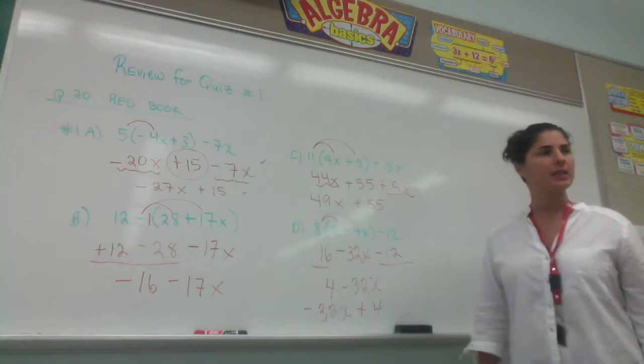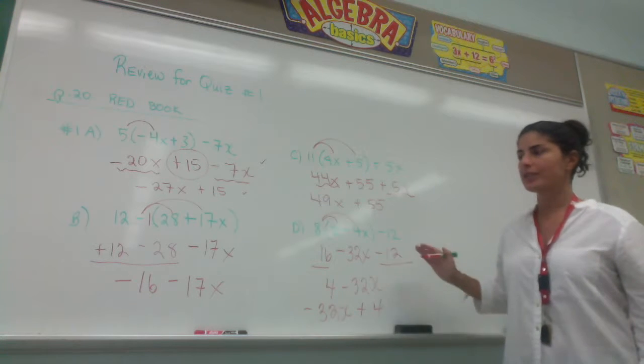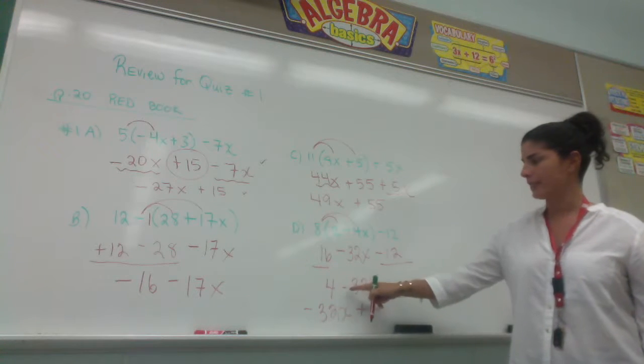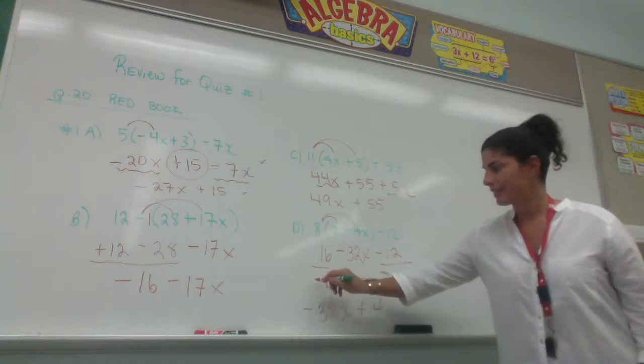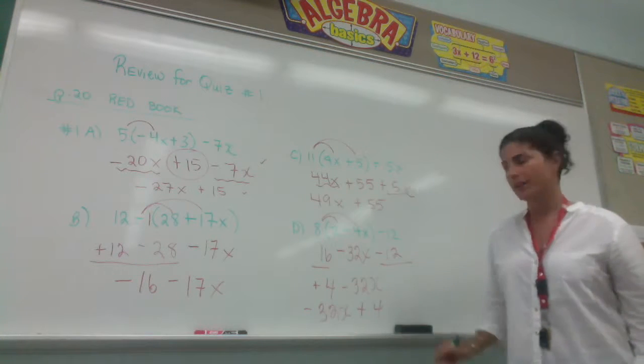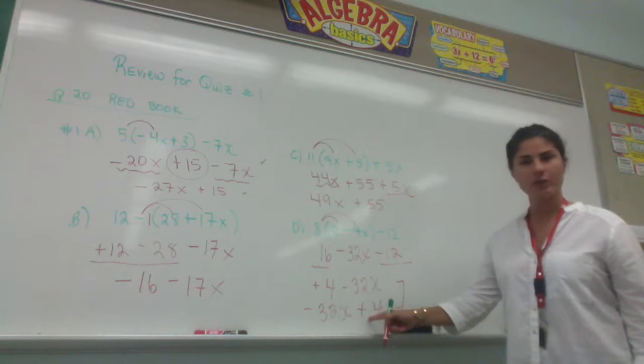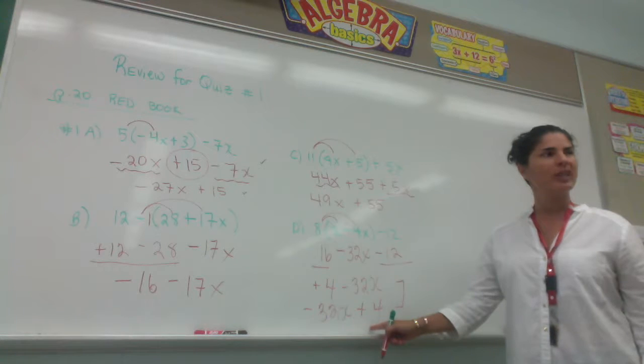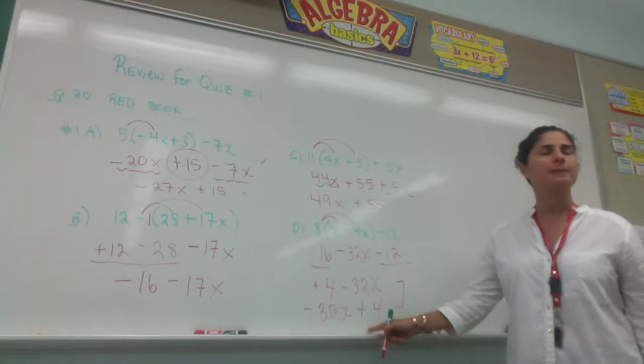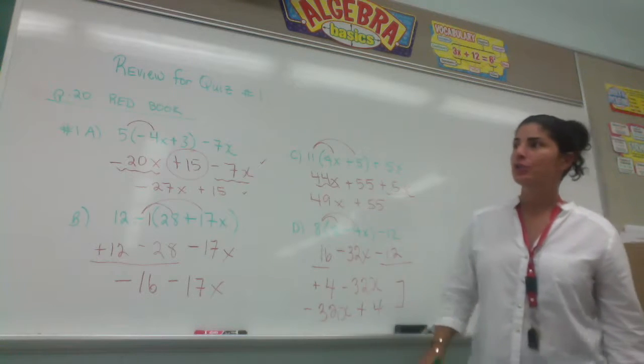Could I do that? Yes, because order does not matter. But do be careful. This is a negative 32x, and this is a plus 4, so that's why I can switch them up. This is actually the better one of the 2 because the variable should come first. Any questions? Let's do 2 and 3.